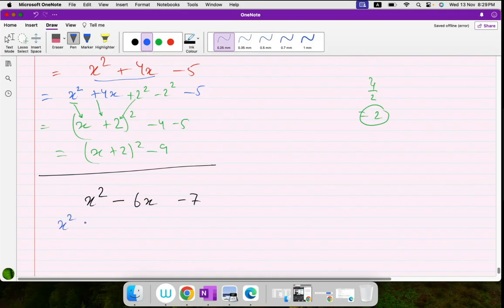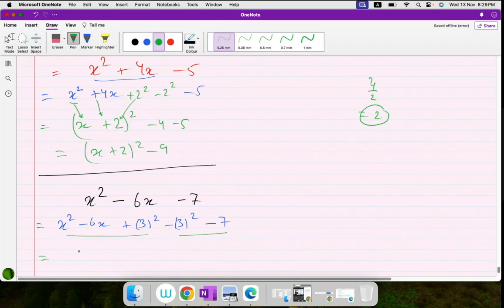After x squared, what we will do is 6x, and half of that is 3, so plus 3 squared and minus 3 squared, and then minus 7. Now these three and these two.